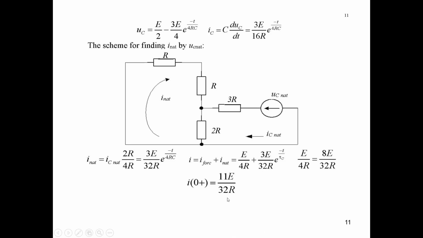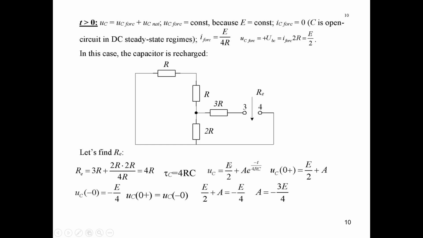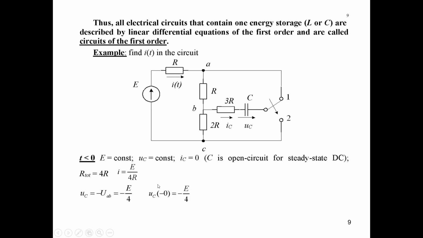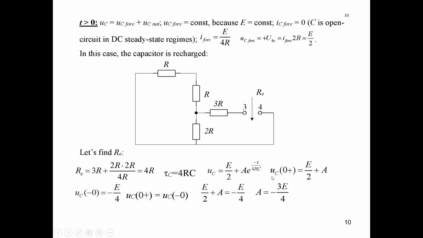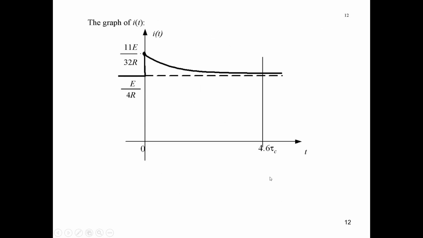Okay, then we can write down that I equals I forced plus I natural. I forced is equal to E over 4R, so it is E over 4R plus this natural component. Okay, and we may calculate this value for the moment t equal to 0, and this is the graph of I(t).